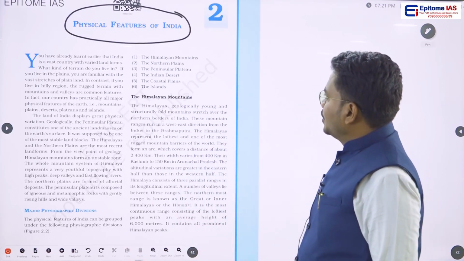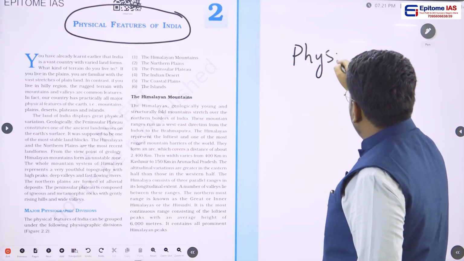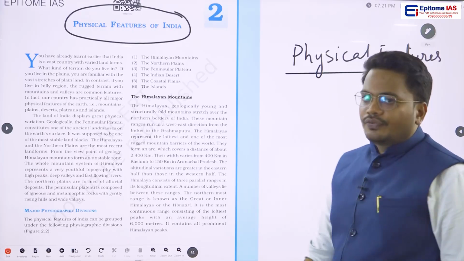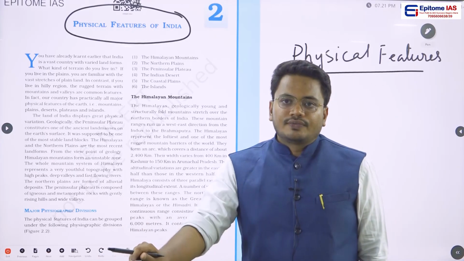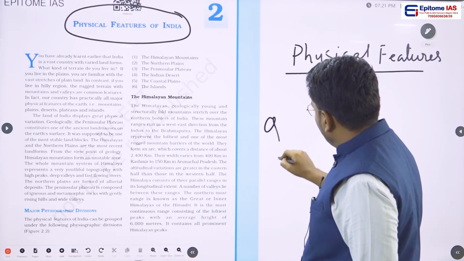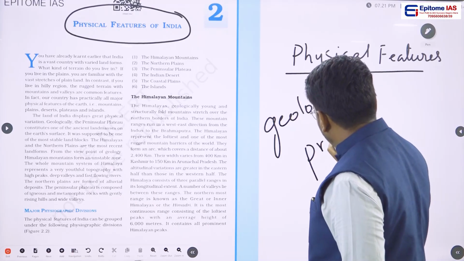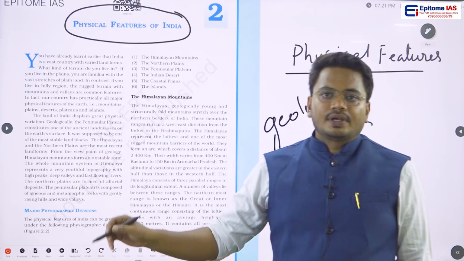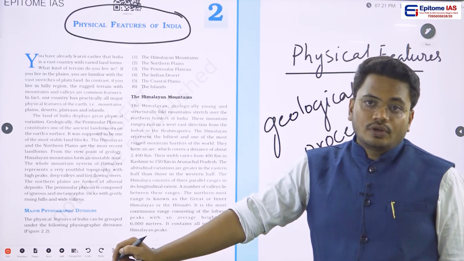In this particular chapter we are going to see the physical features that are present in India. Now, how were these physical features formed? These physical features were formed because of geological processes, right?